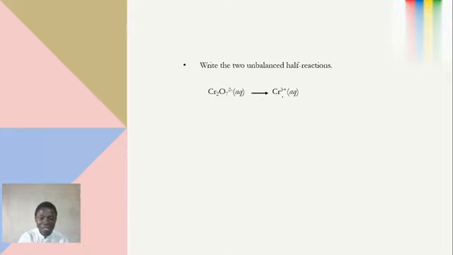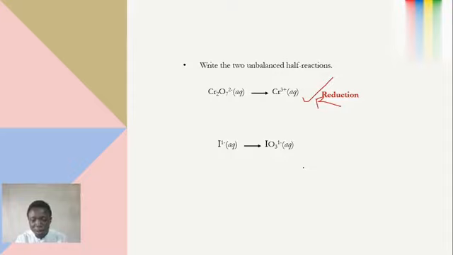Removal of oxygen means reduction. Are we together? Reduction. So let's move on quickly. Very good. The next is an addition of oxygen, and that is oxidation. Very good. So you write the first steps.